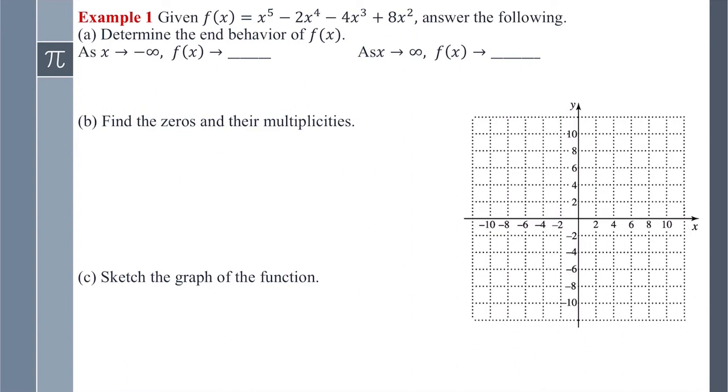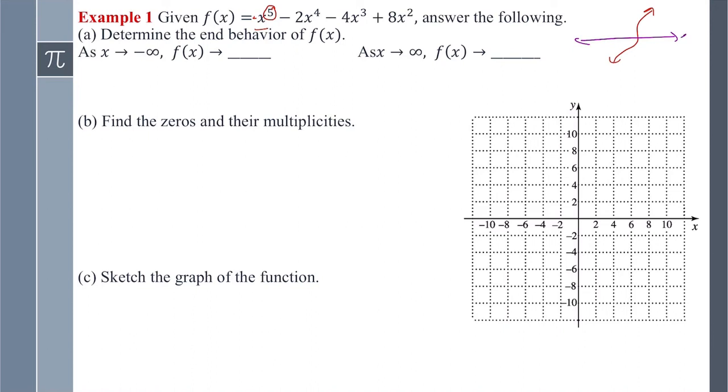The first thing is we are going to determine the end behavior. In order to do that, we'll check the leading term. The leading term is x to the fifth, which has an odd power, and the coefficient is positive. So that means we know the graph is going to look something like this, okay? Now the next thing is the end behavior.